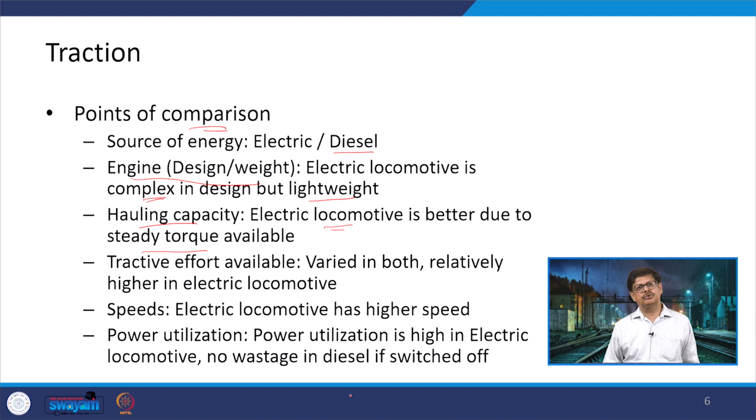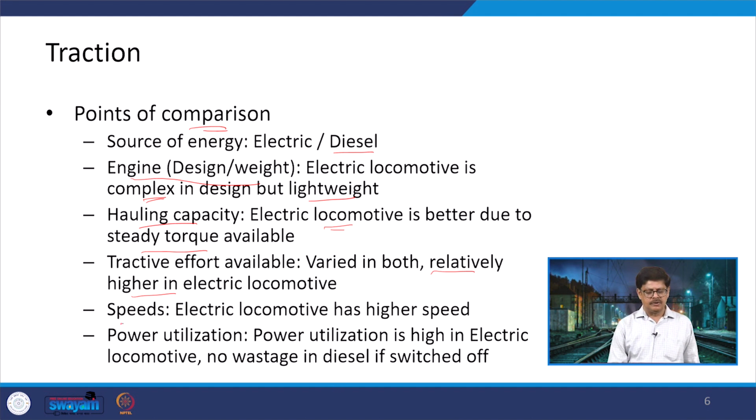And there we also talked about the speed, the axle load, and the overall weight. So, there is a variety of such locomotives available, but as far as the overall comparative condition is concerned, we can say that electric locomotives have a relatively higher position here as compared to the diesel.